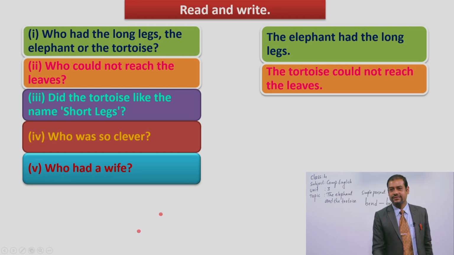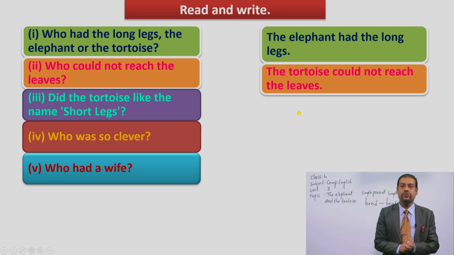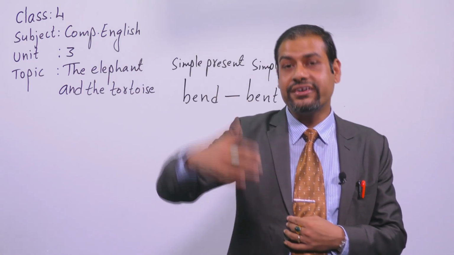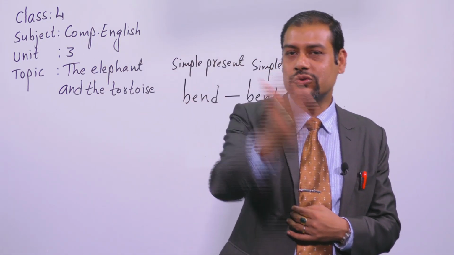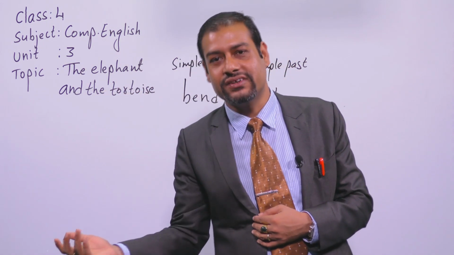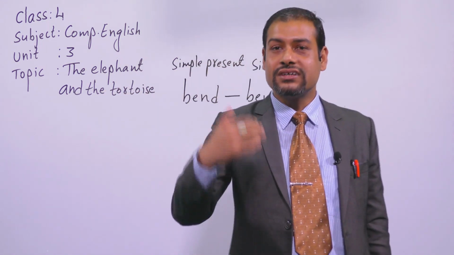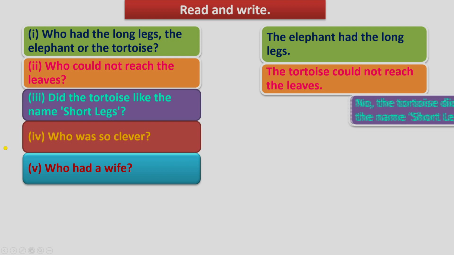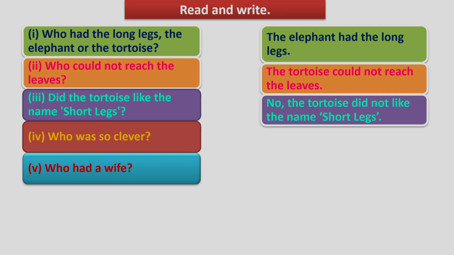The question is, who could not reach the leaves? The tortoise could not reach the leaves. See, in the story, the tortoise said that it could not reach the leaves, but it could jump over the elephant. Okay. Now the third answer, what you have written, please check with me.